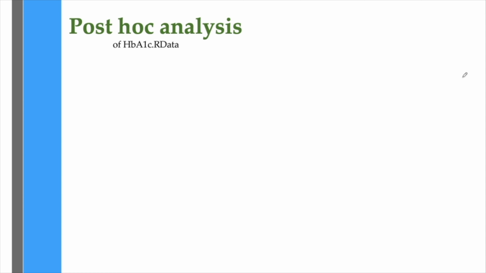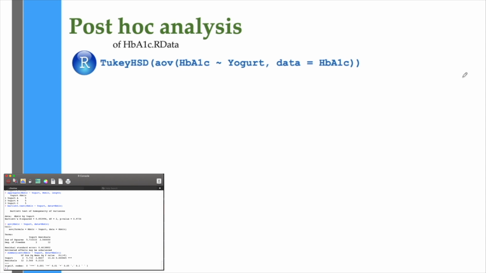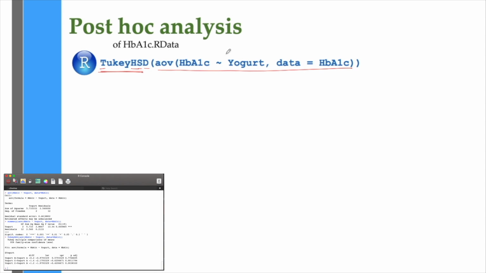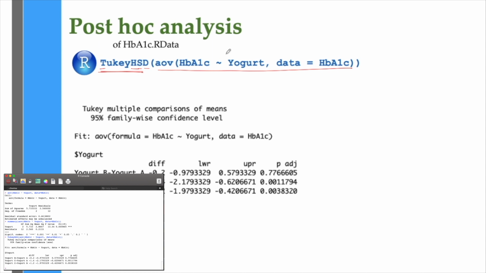Now, for the post hoc analysis, all you have to do is to replace the summary with TukeyHSD. Note that this is in capital T and capital H, S, and D. And then the same function, aov, then hba1c, tilde yogurt, data equals hba1c. And then we're going to have this result.